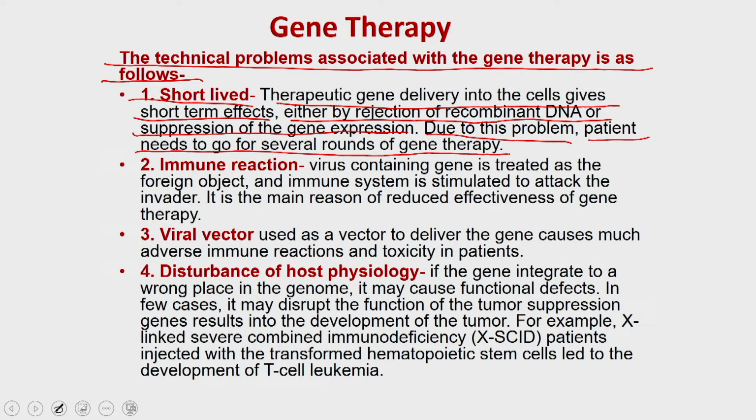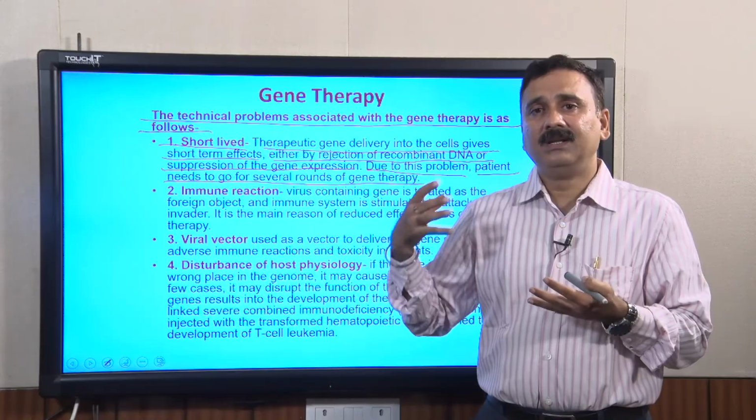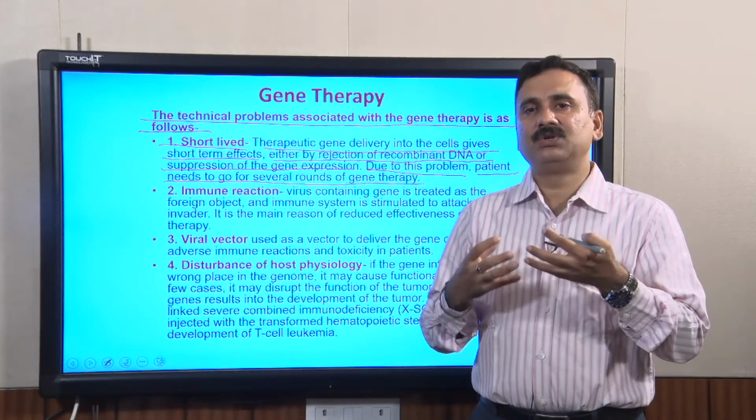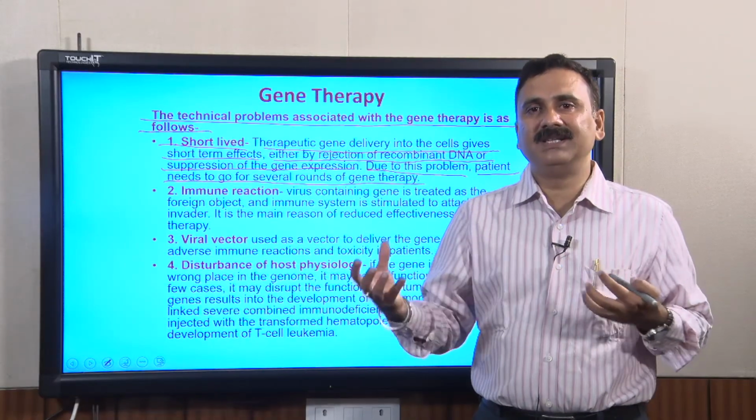Suppose you have given one round of injection to the patient and the virus has gone to the beta cells and started producing insulin. But in due course, because these are recombinant DNA, the system may not actually accept this exogenous DNA.